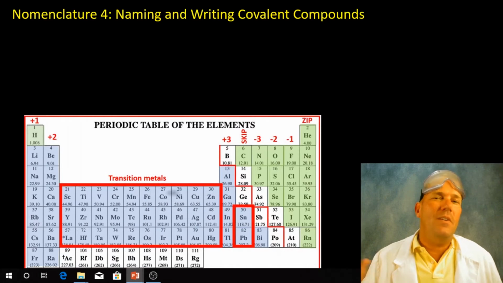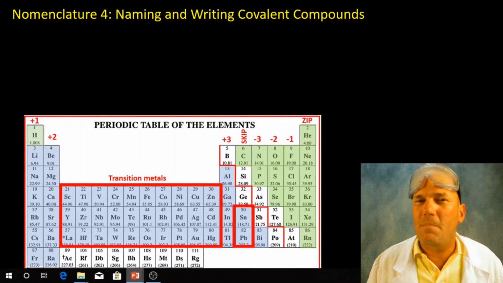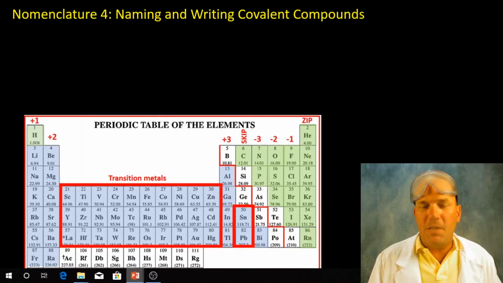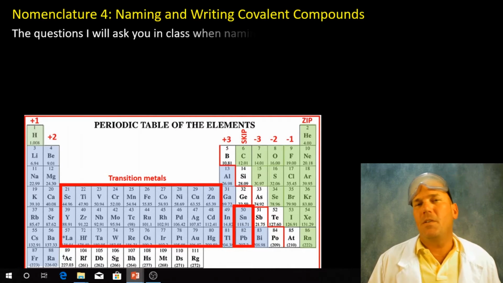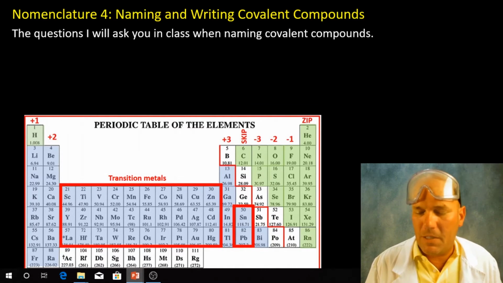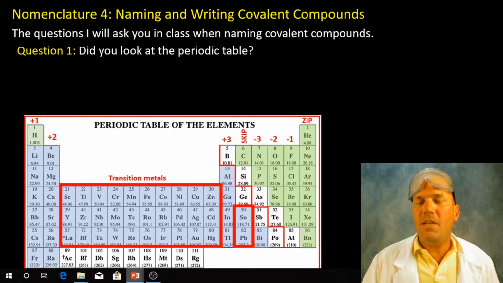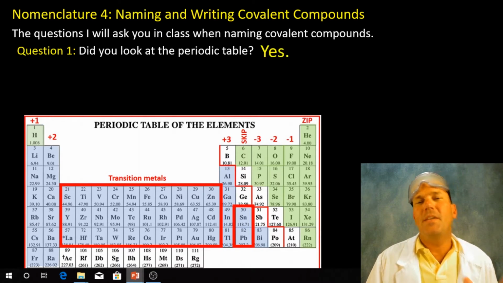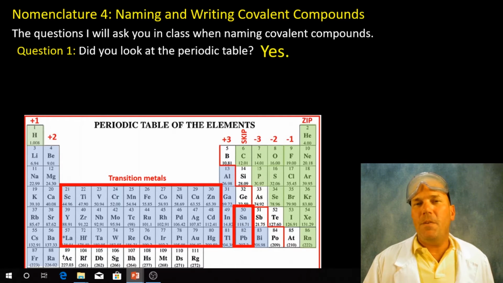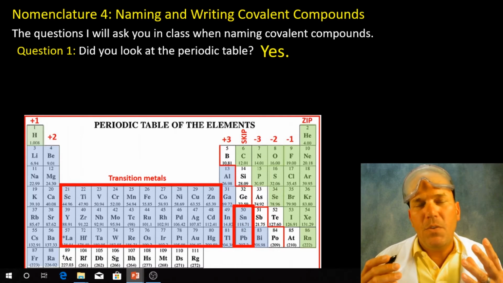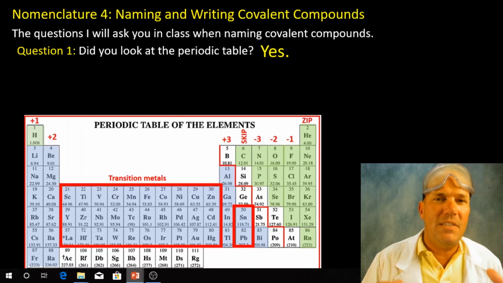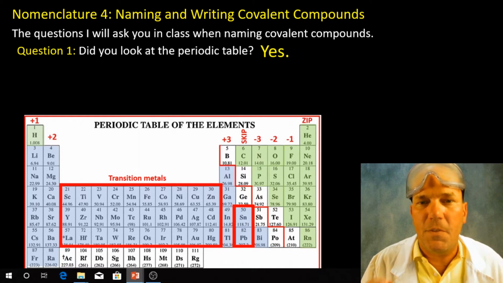All right. Again, not very critical points here to make, but I'm still going to mention them so you have a full understanding. Here's what I'm going to ask you in class when naming covalent compounds. Did you look at the periodic table? Yes. Why do I ask that first question? To avoid careless mistakes that often occur in this first unit.